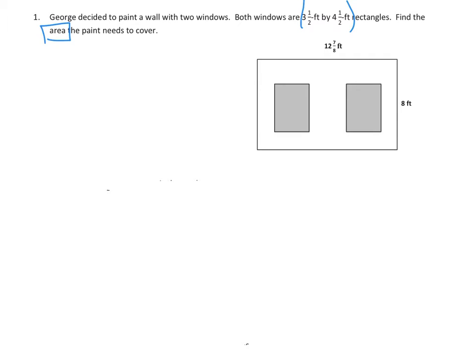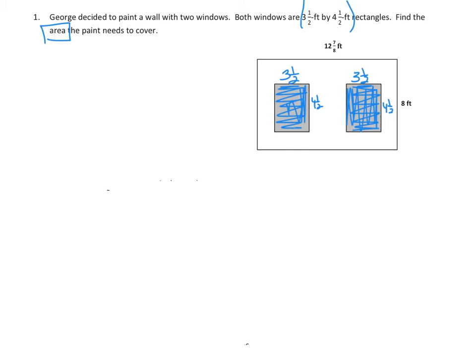So I know that this rectangle is 3.5 by 4.5. And I know it's the same over here. So I need to not paint this section. I'm not painting either window because I need to see through them.